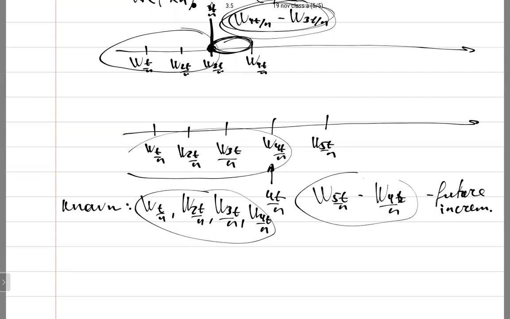This is a future increment when the time is 4t over n. So in this case, this future increment is independent of what I know, of every possible function of what I know. So when I take cosine of them, add them, multiply them, subtract, the result will be independent of the future increment.